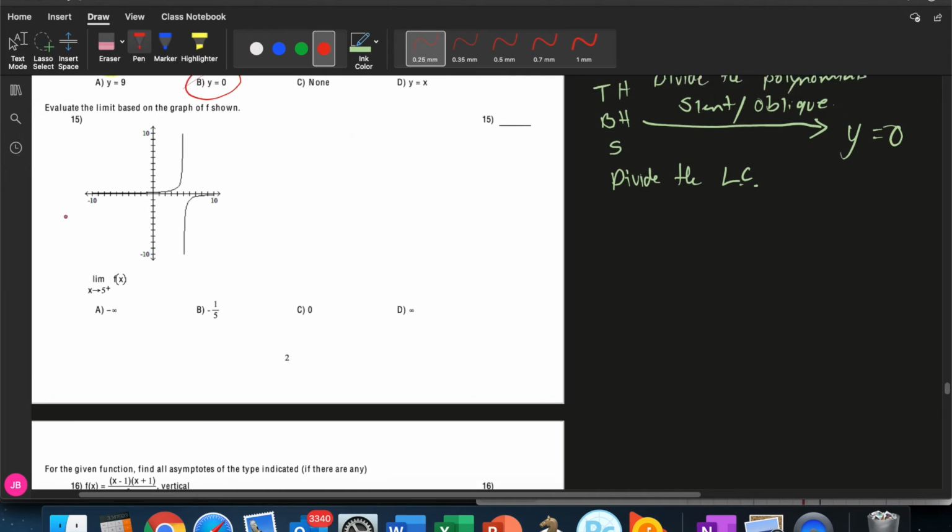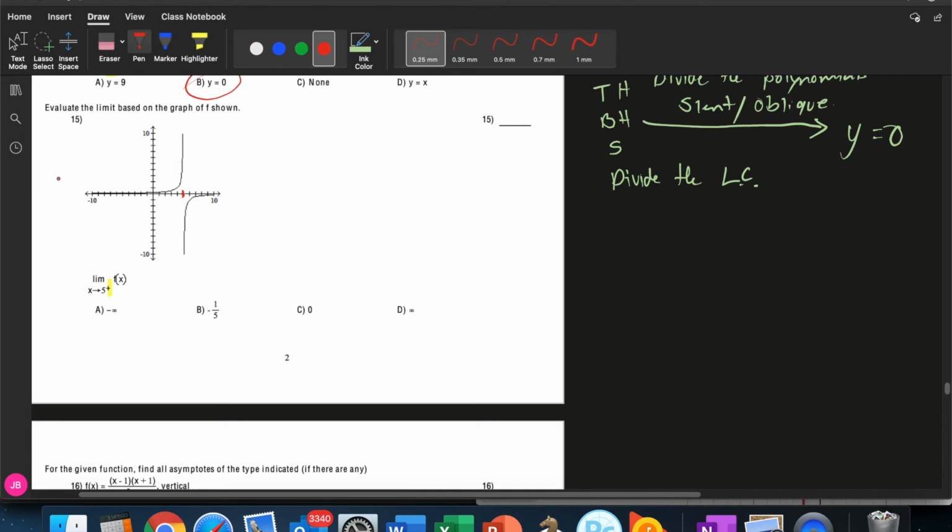15 goes ahead and says, okay, we're trying to evaluate the limit. The limit of my function of x as x approaches 5 from the positive side. So we count 1, 2, 3, 4, 5, exactly where I thought it would be. All right, so we're trying to figure out what happens as my function approaches that from the positive side. So this plus right here, that plus means from the positive side.